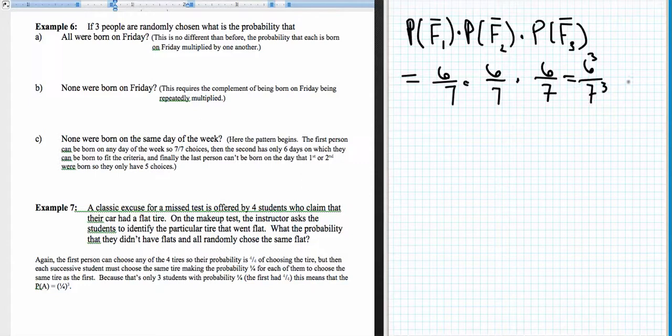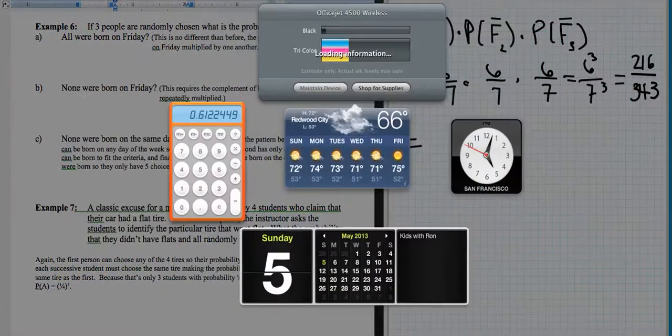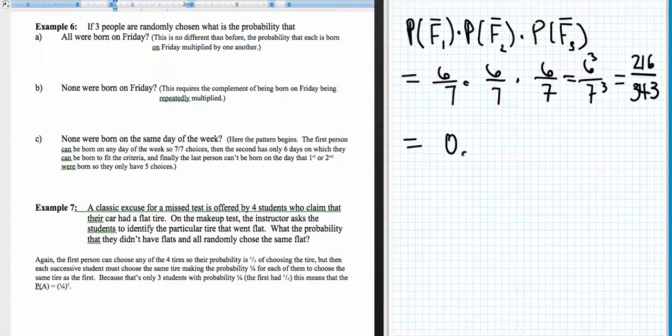and 7 cubed we already know is 343, and we just need to know what 6 cubed is, and I believe that is 216. And so there's our probability, and then we can certainly go in and find out what 216 divided by 343 is equal to, and that's 0.629738.